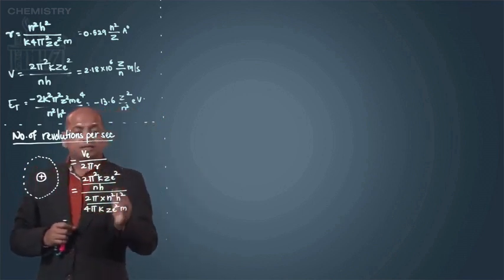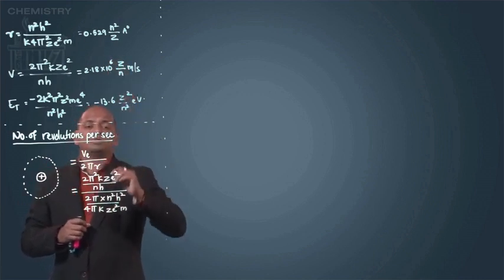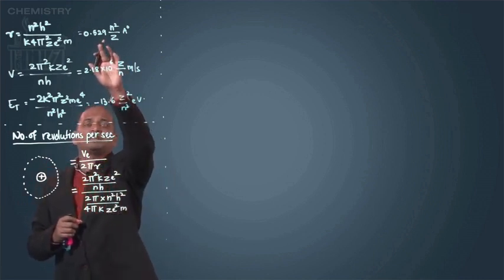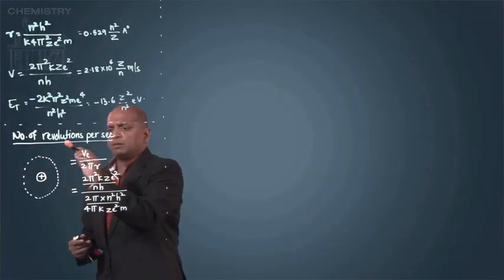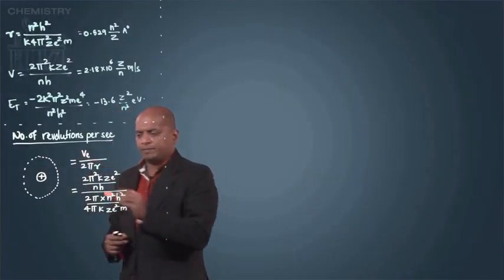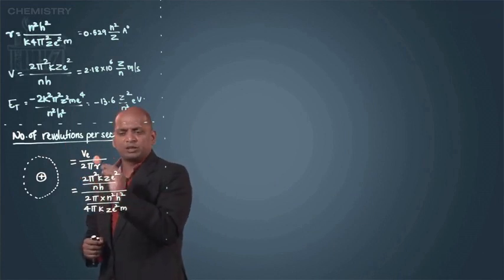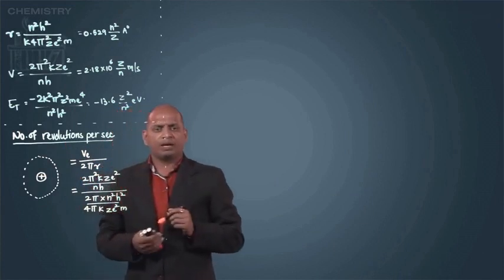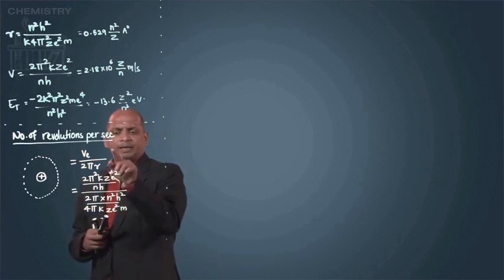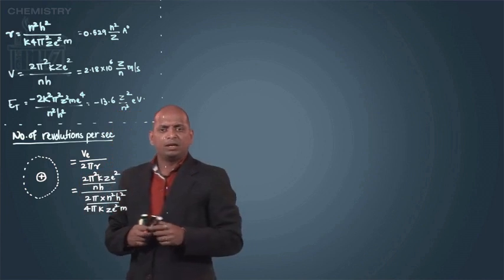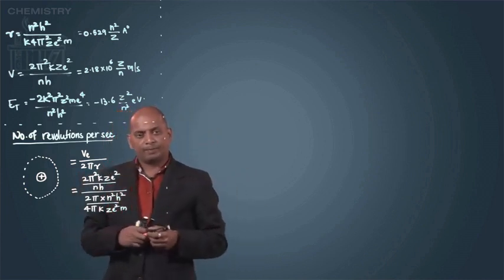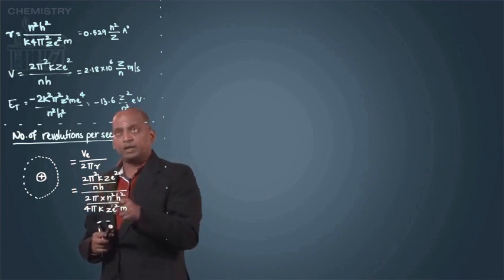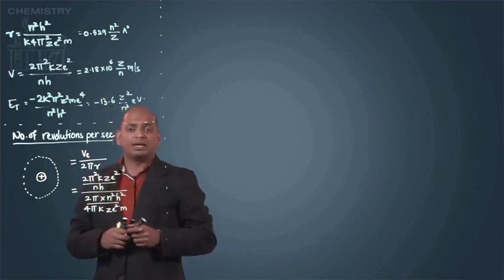Or instead of that, directly put these values, but remember that r has to be converted into meters. So number of revolutions per second is equal to velocity of the electron divided by 2 pi r, meter per second divided by meter. So that meter gets cancelled, hence the value becomes number per second, which we require. So we are getting these values from these two relations.